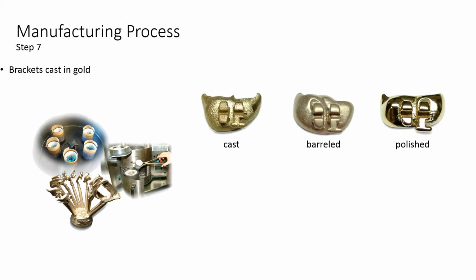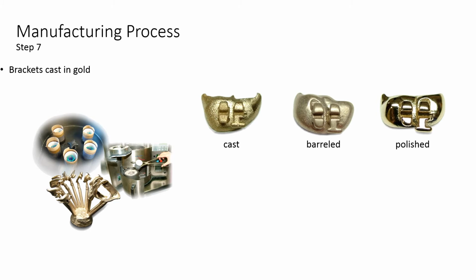When this is done, in the Incognito system, the brackets will be cast, barreled, and then polished. In the WIN system, we don't have a customized bracket. It's basically a cobalt-chrome alloy, which is bent towards the tooth and then customized with the composite base.